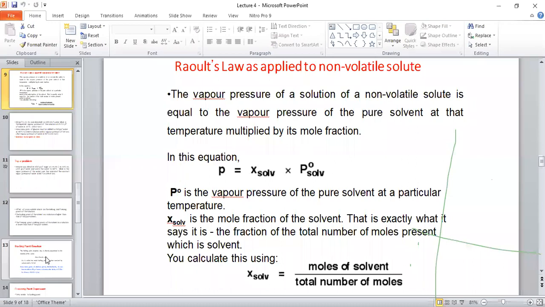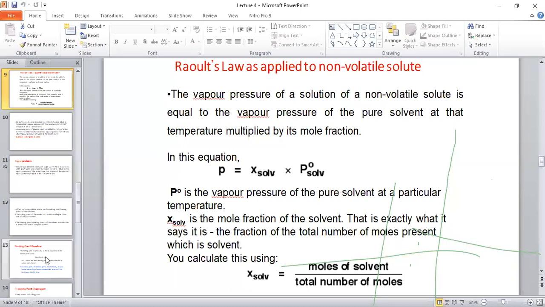So for you to have your mole fraction of the solvent, which we need when we want to calculate the vapor pressure of a solution of a non-volatile solute, the mole fraction of the solvent is what is important here. It can be obtained by using this formula: moles of the solvent divided by the total number of moles.